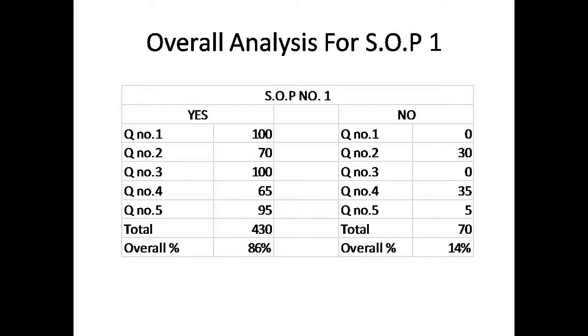For the answer no, we get question number 1, which is 0, question number 2, which is 30, question number 3 is 0, question number 4 is 35, question number 5 is 5, which totals to 70%, and we divide that by 5 and multiply it by 100, which is 14%.